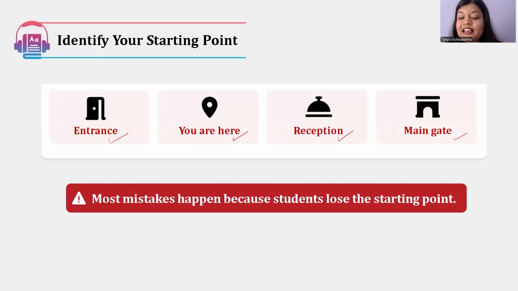Now, most mistakes happen because students lose their starting points. Of course, if you do not pay attention initially, you won't get a single clue where you are exactly heading. So always remember, wherever you're heading, make sure your starting point is there. And of course, you should be aware of it.